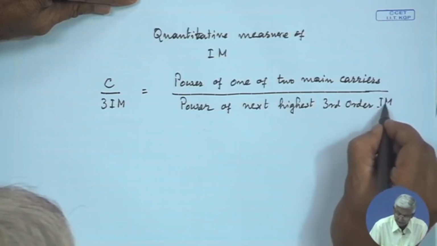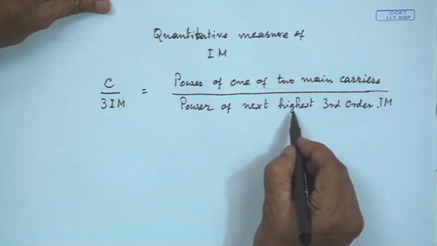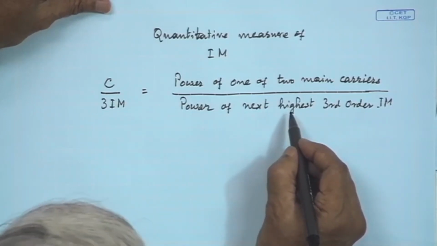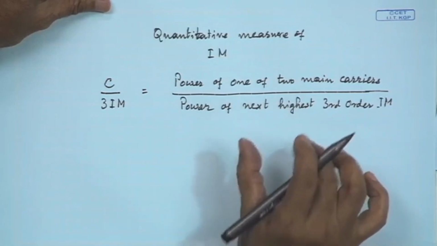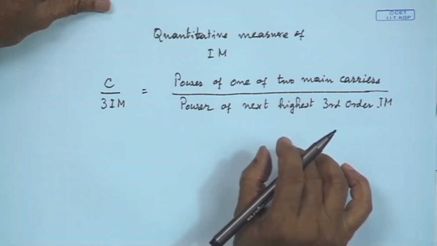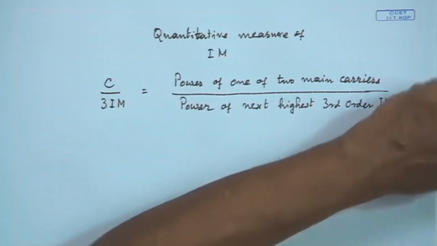IM stands for intermod. I have used the term next highest because we were showing till now that both carriers have equal amplitude, but it is possible that the carriers are of non-equal amplitude.